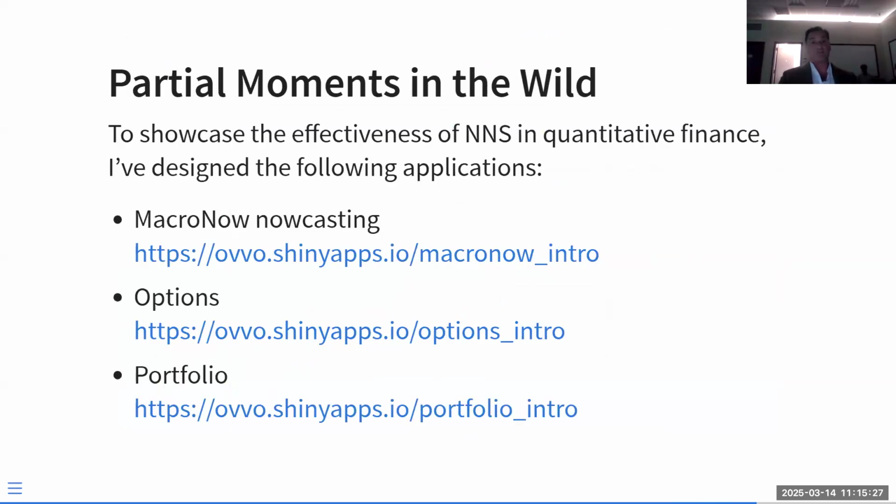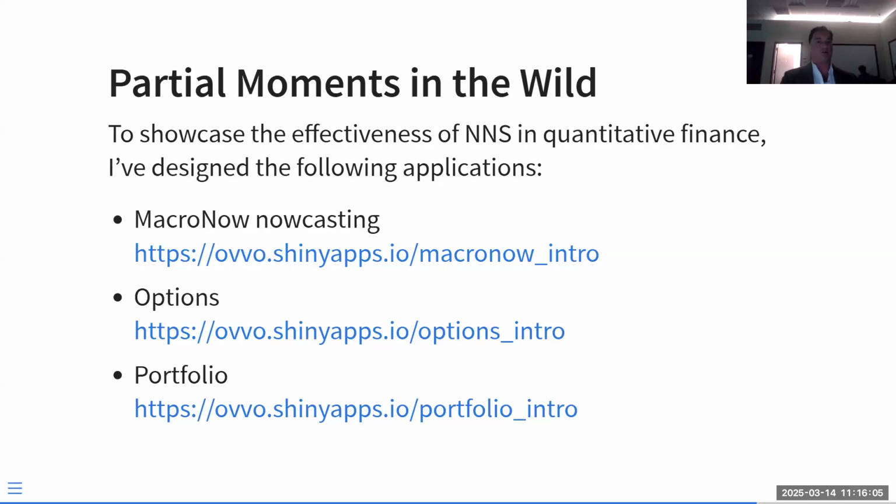I built several apps for all of this, and created a website for subscriptions. The macro now uses the non-parametric vector autoregression on 30 Federal Reserve variables, and creates a GDP nowcast, as well as about 30 other variables, like CPI and unemployment. I came up with a new options model based on upper partial moments for calls and lower partial moments for puts.